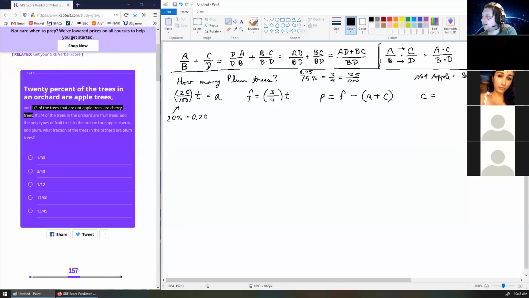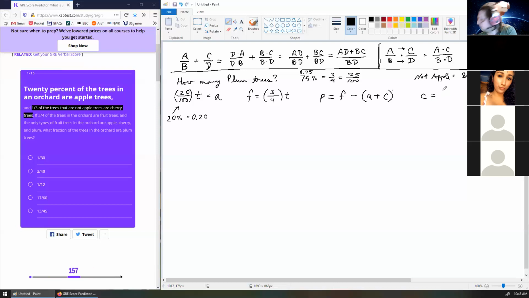So 80% is 80 over 100, or 4/5, right? If we simplify it, because 20 goes into 80 and 100.